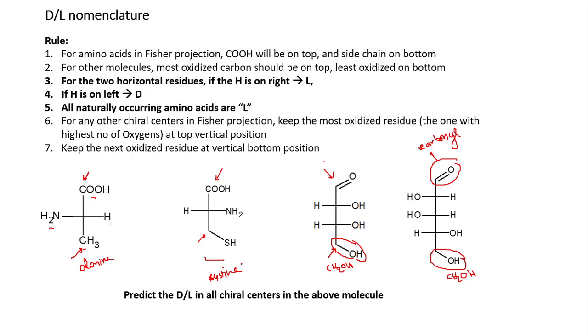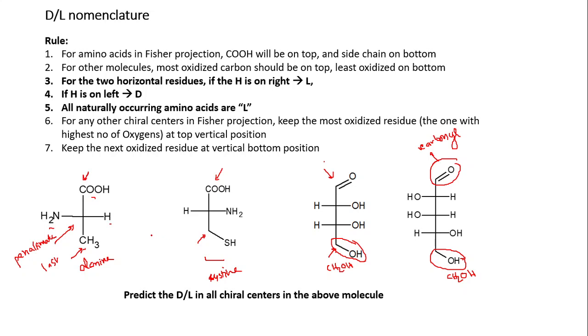That should be the preferred arrangement in the Fischer projection before we learn the DL nomenclature. Once your molecule is in this projection, you have to consider the penultimate carbon. Ultimate means the last, and penultimate means the one before that.